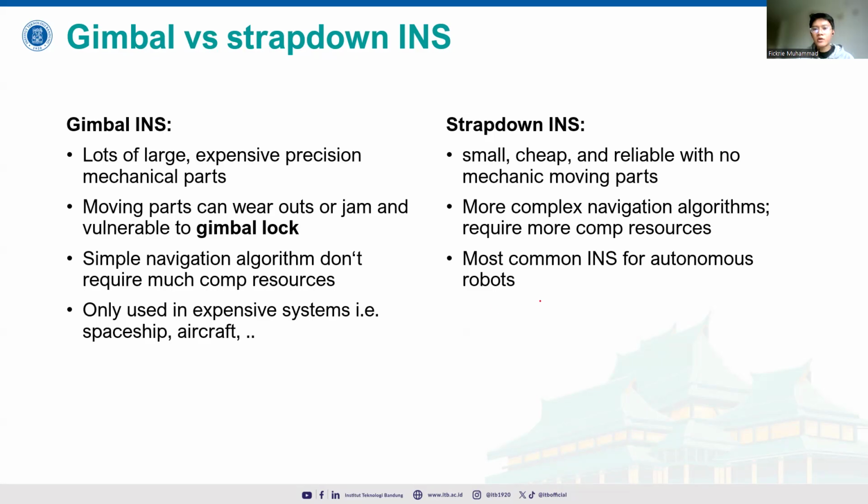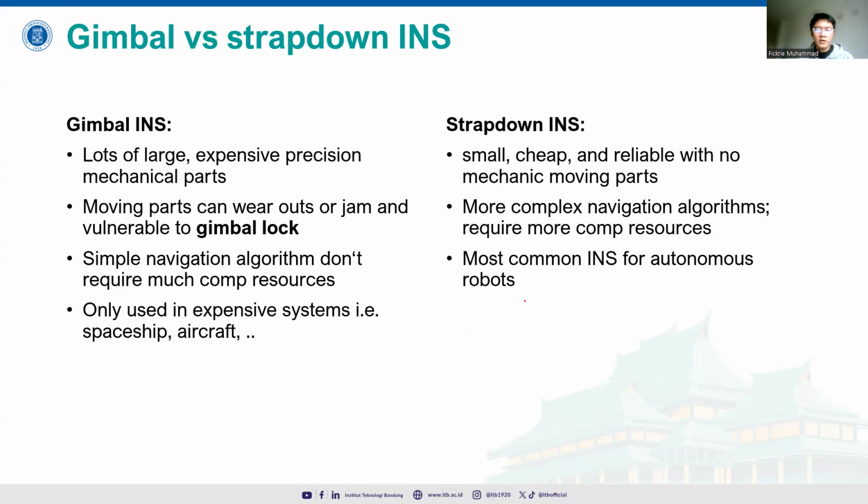Commonly we use strapped-down INS for autonomous robots like AUVs, drones, mobile phones, USVs, because it's small and cheap. Can you imagine if we had a $50,000 stable platform INS for our mobile phone?